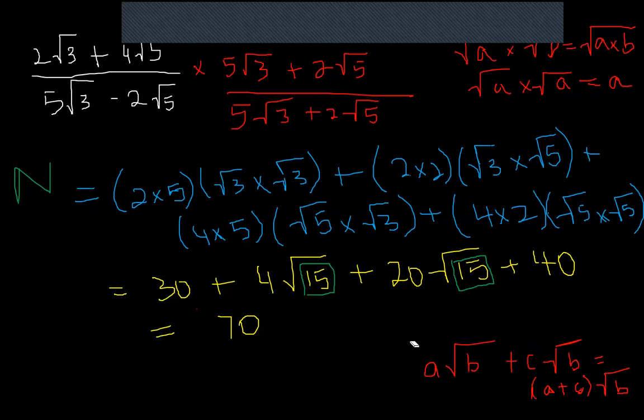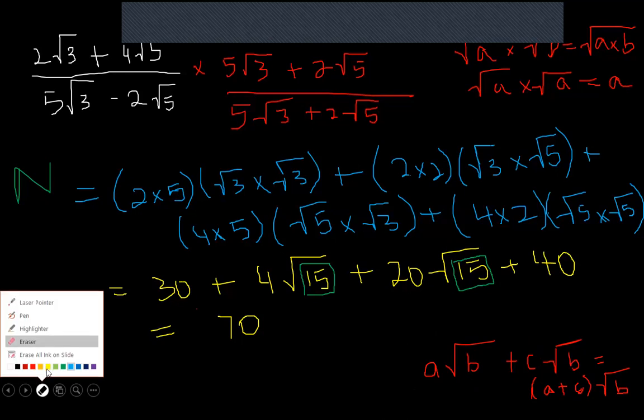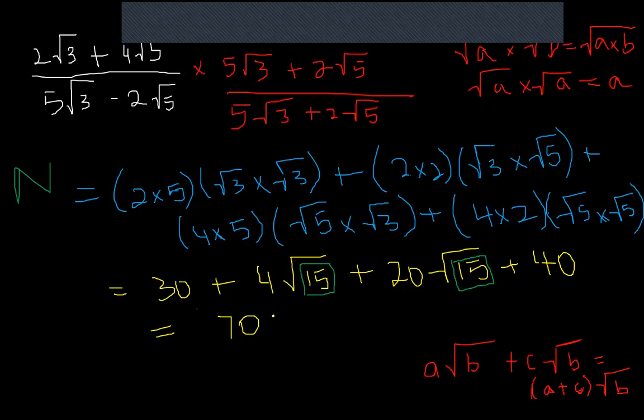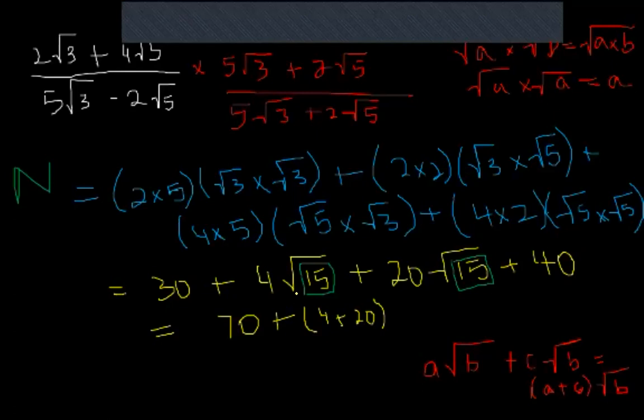Right. So now looking at this formula and looking at the numbers that we have. This would be 4 root 15 plus 20 root 15. That would be A plus C. So in this case, it would be 4 plus 20. And then you have root B outside.